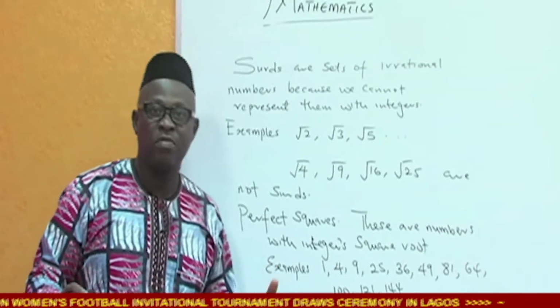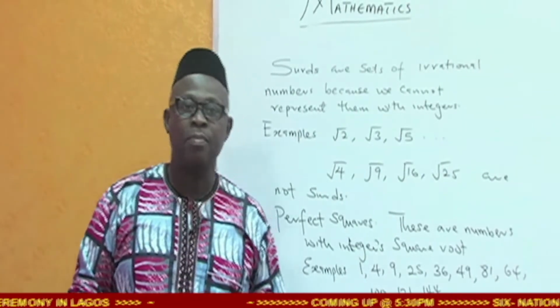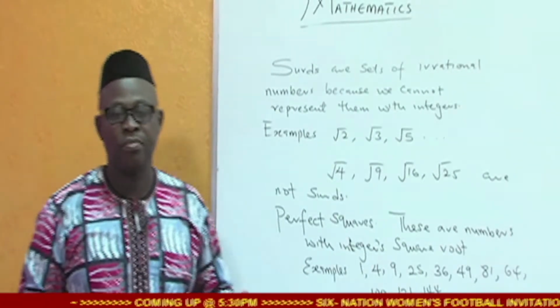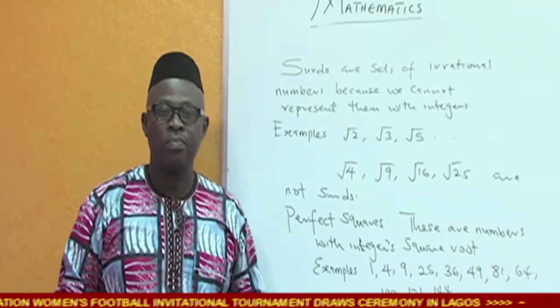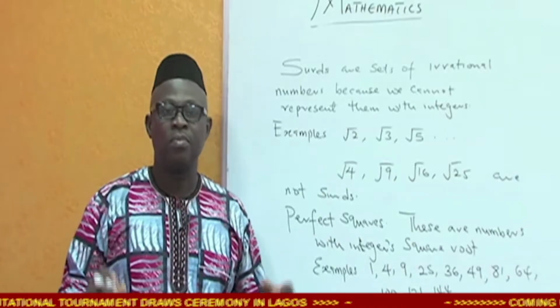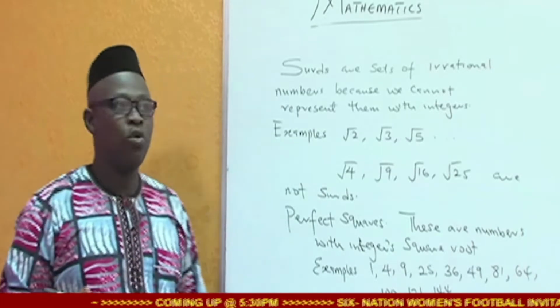Another way of simplifying a surd, especially a fractional surd, is to apply what we call rationalization. If I have a surd as part of my denominator, then I'm going to use the method we refer to as rationalization to simplify. What do I mean?